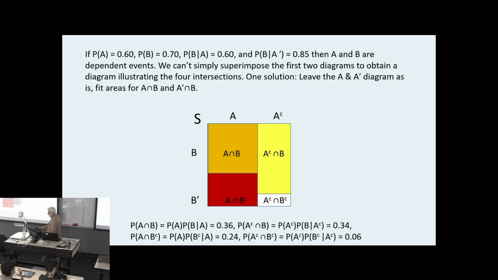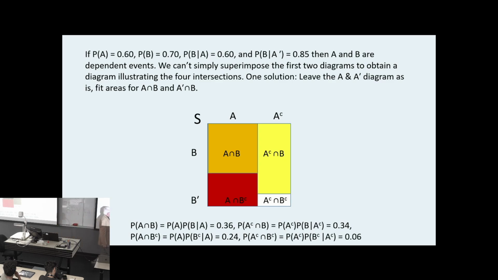Okay, does everybody see where that number came from? Are we good with that number? Okay. So what I've done here is A was 60%, but B, given I'm in A, is 60% of this 60%, so that's 36%, 0.36.